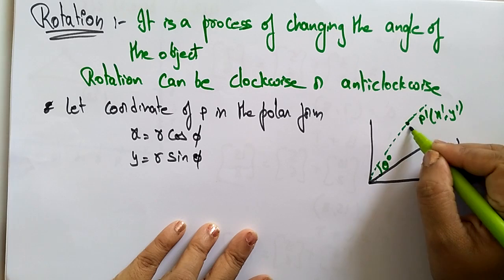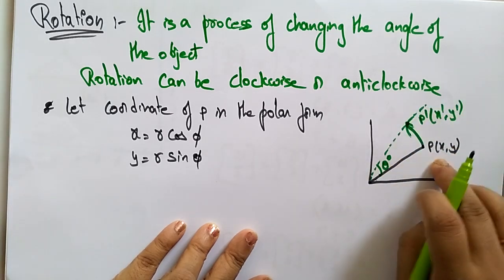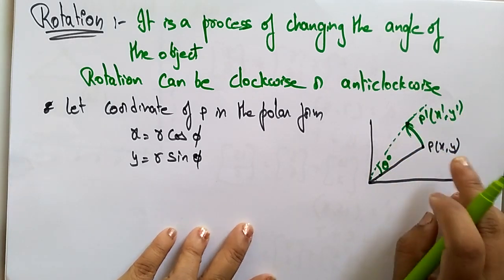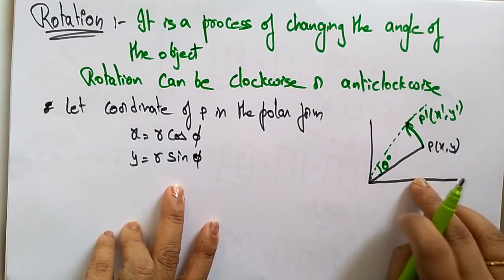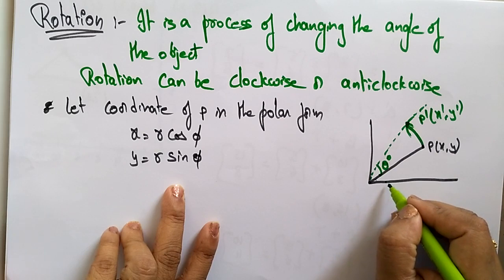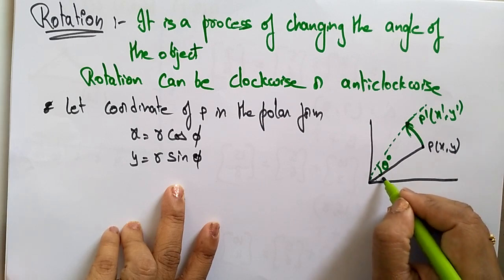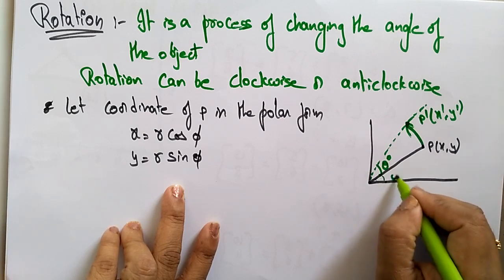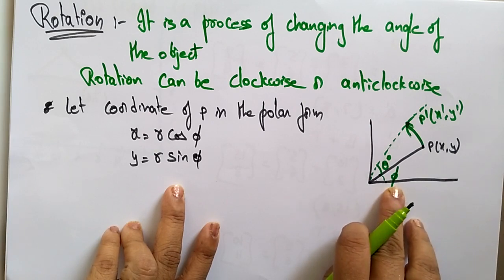I rotate the object in this direction. This is the original coordinate. Here the coordinates are r cos phi and r sin phi. From the origin to here, phi is the angle between the x-axis and the point P. This angle is phi.